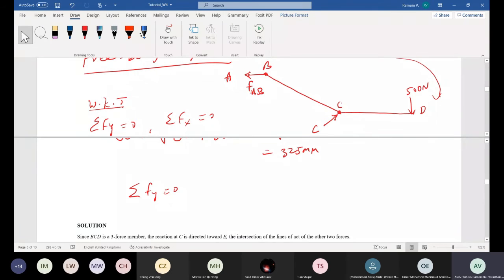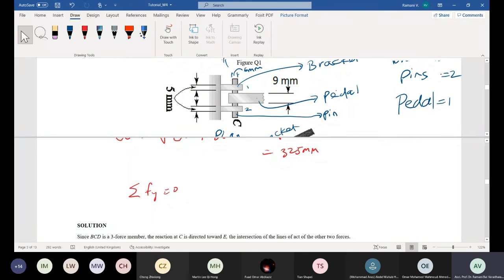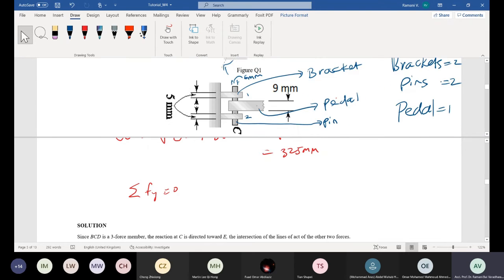What are the y direction values? You take this inclination first. Sigma of y is equal to 0. Start from this value, the number 1, which is 125 over. Can you see from the diagram 125? This one. 125, right? The vertical component will be 125 over the hypotenuse is this value.